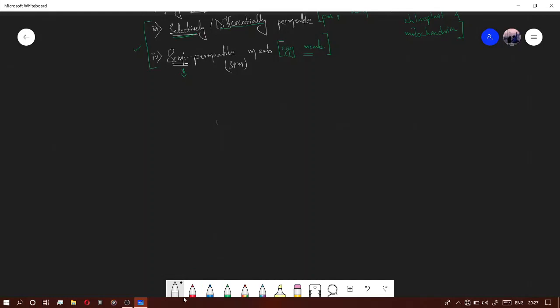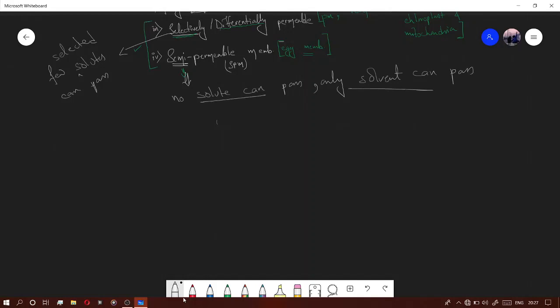In a selectively permeable membrane, a few selected solutes can pass, and here no solute can pass, only solvent can pass. The difference is very simple. Only solvent can pass, no solute.